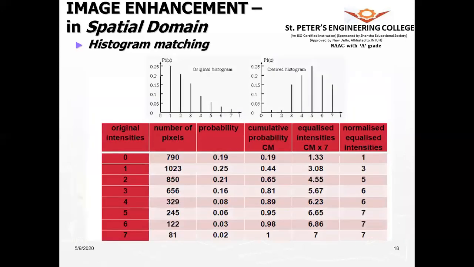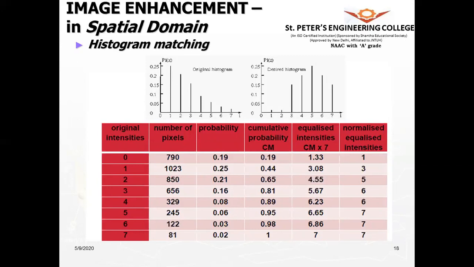Now, considering the same previous example, this is the original histogram we got, and we have seen the modified histogram we got for the equalization we performed in the previous case.